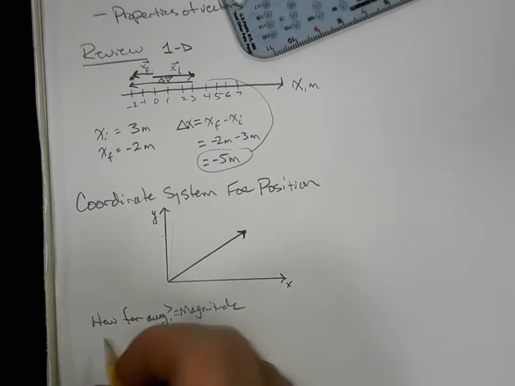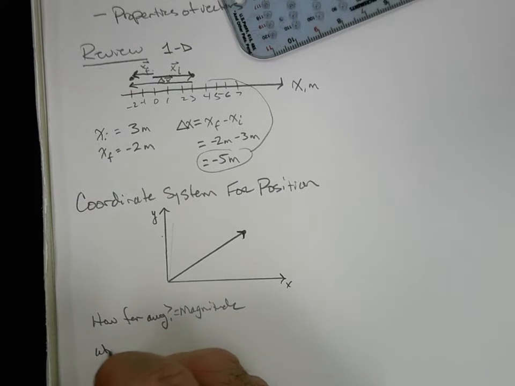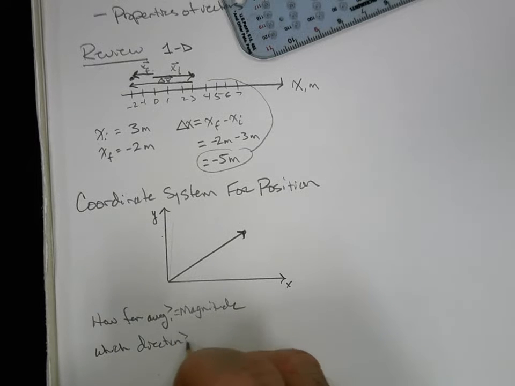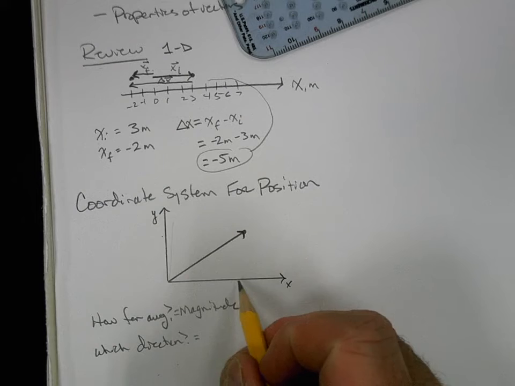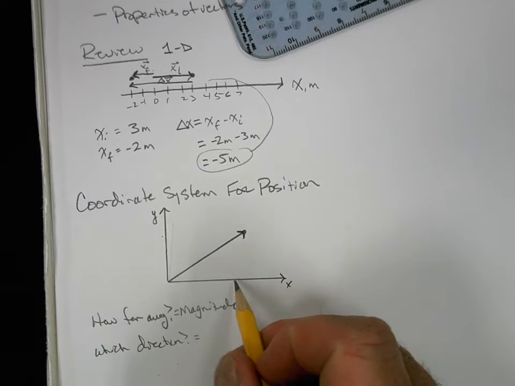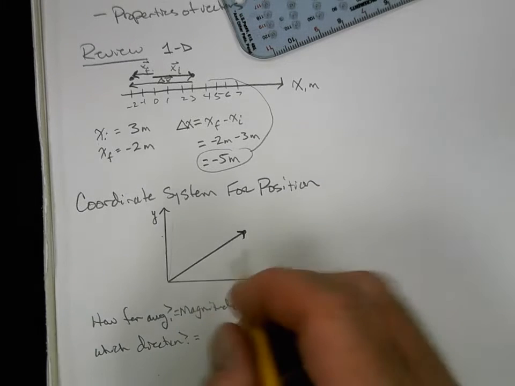And then in which direction? Which direction is it? Well, that's our direction, and we have to agree to a place from which we're going to measure our angle. By convention, we use the positive x-axis as our basis for measuring our angle.